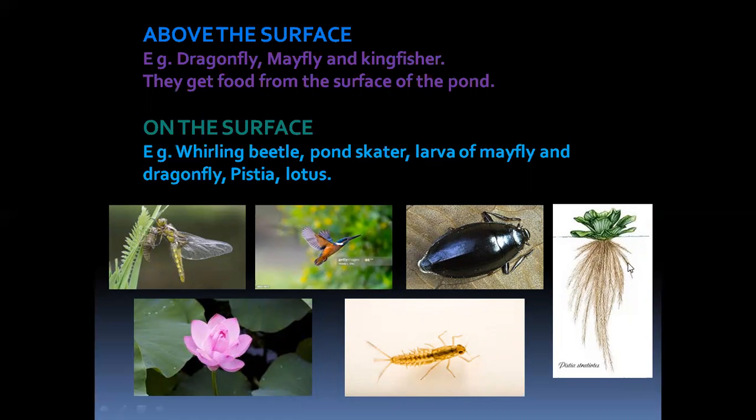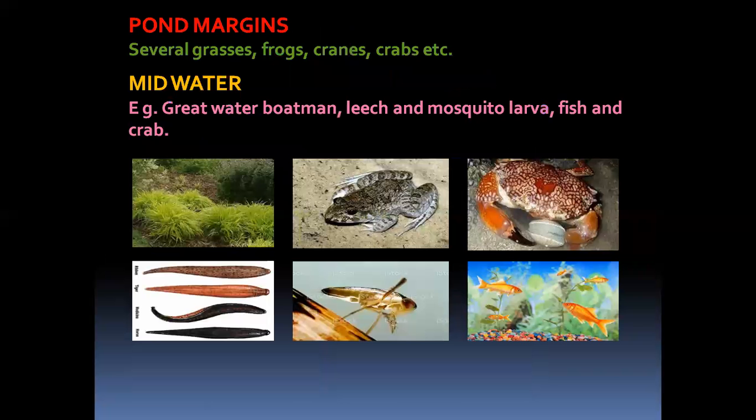You can see the pistia picture here, children. Lotus also. So these animals live on the surface. Beetle also you can see, whirling beetle. So these are animals and plants which you will find on the surface of the pond. Is it clear, children?